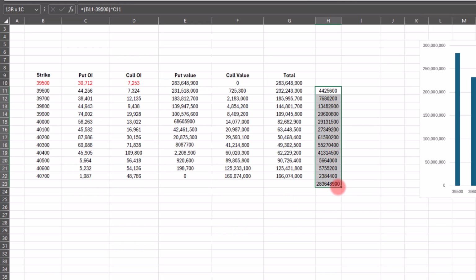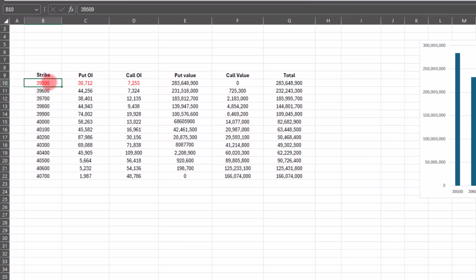Okay, so again, it's a little cumbersome, but just to reiterate, we're going to go through each of these rows and say, if the market closes at this number, how many calls are in the money and how many puts are in the money multiplied by their open interest. So again, we have 0 calls that are in the money, but we've got a value, let's say, 283.6 million. So if we add these two together, we get that number, 283.6 million.